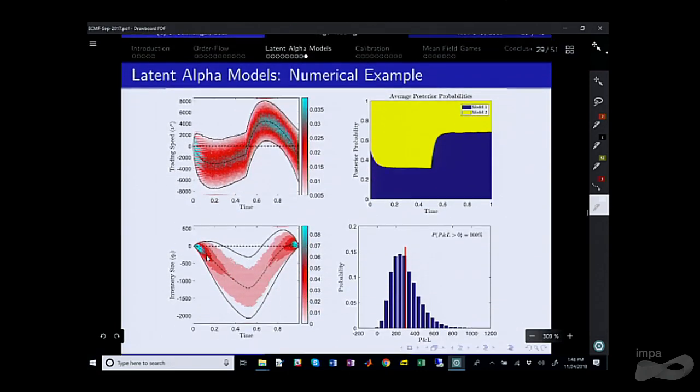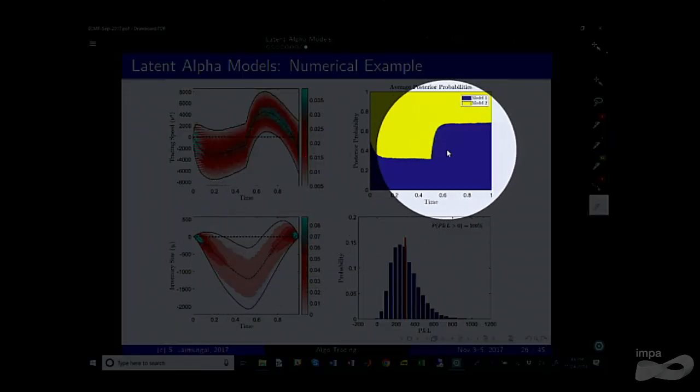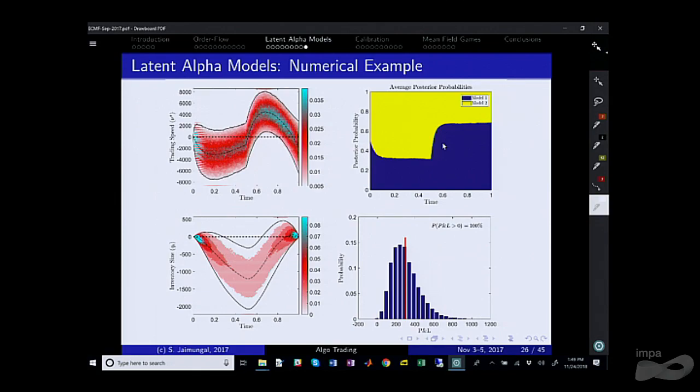Here is a better picture. This is an example of a simulation. We've simulated from this model where we estimated from data. And the top right panel is showing us the estimate of the filtered posterior probability that we're in the various regimes.